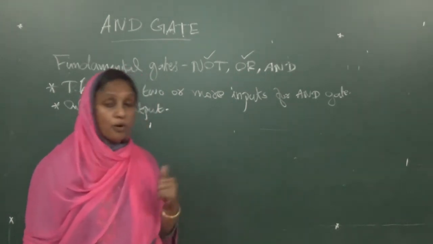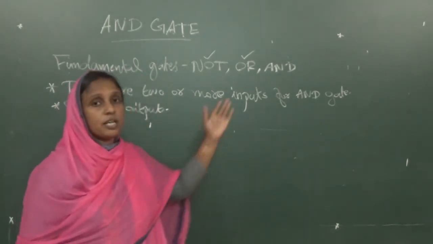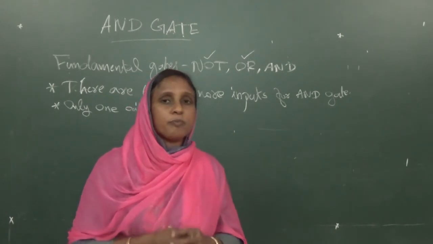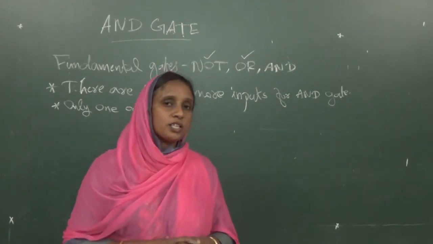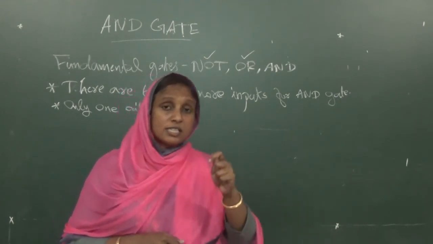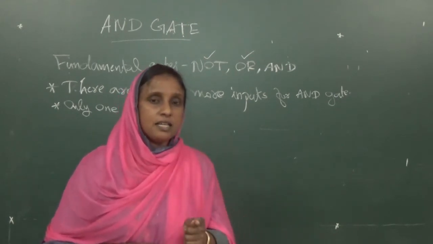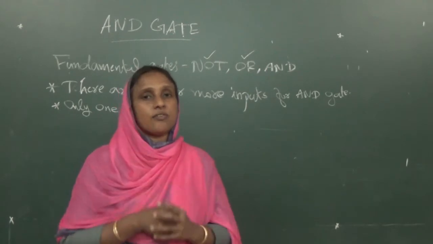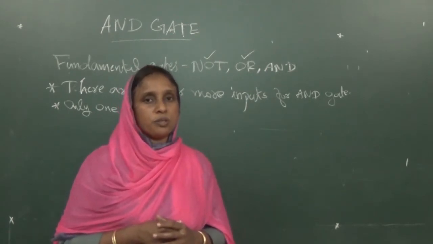The other point in connection with the other gates, you have to remember that AND gate is known as all or nothing gate, because if all inputs are high, then only the AND gate gives high output.